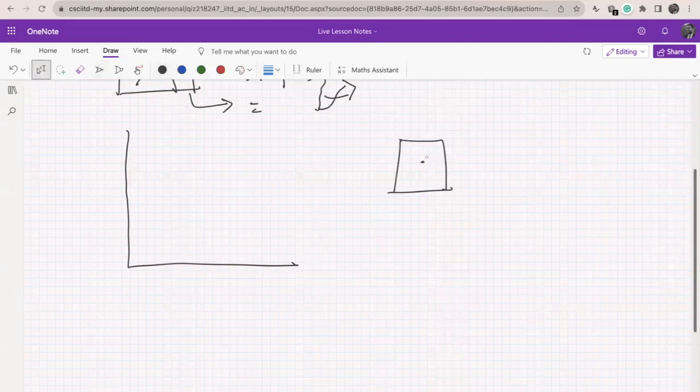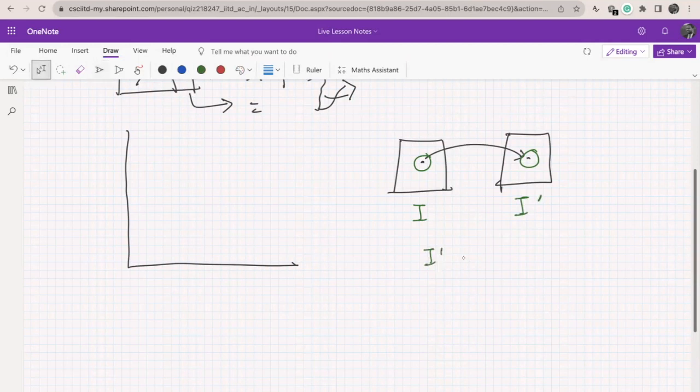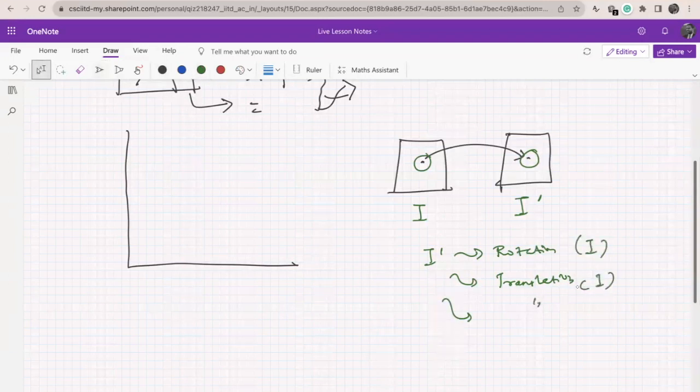We want to map this point to another point in the final image. So we want to make sure that this point equals this point in the final image. This is image I, and this is I dash, and I dash can be a rotation or translation or any other operation of the original image I.